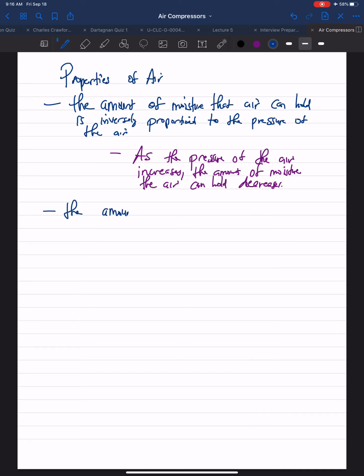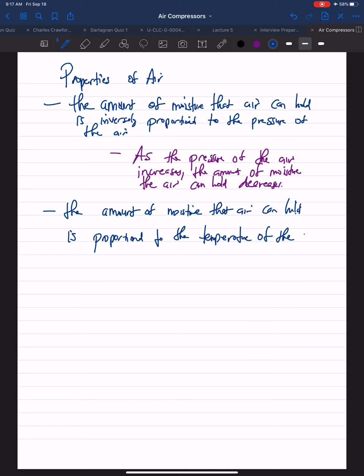The amount of moisture that air can hold is proportional to the temperature of the air.